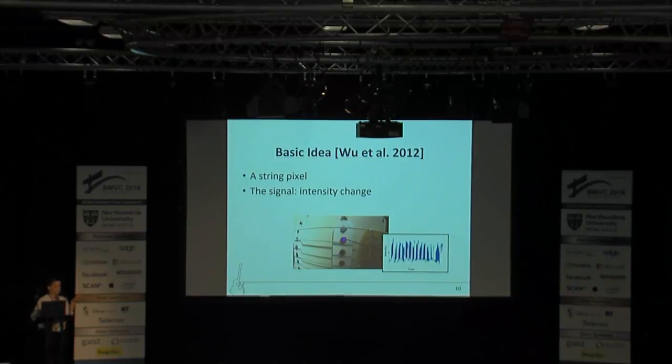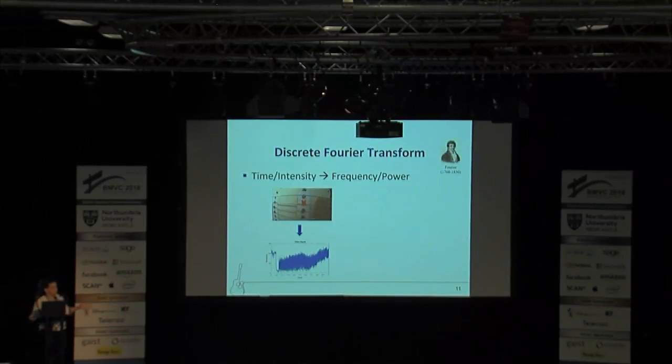They showed, which is kind of obvious, that the frequency information we have in this signal correlates with the frequency of the string vibration, which is the sound, the note we are hearing. And so we're going to use basically the same tools as in audio, which is the discrete Fourier transform. We're going to take the change in intensity signal and see what information there is in the frequency domain.